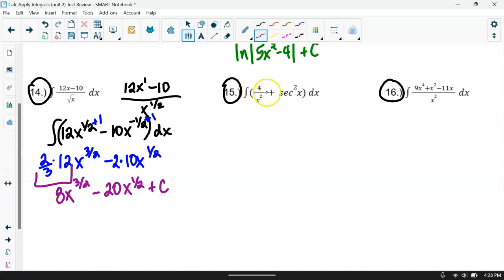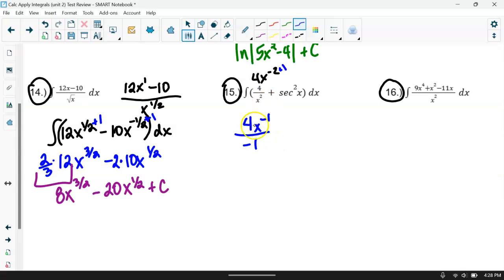Now here, if you need to, so that you rewrite this, remember this is the same as 4x to the negative 2. So when you find the integral, right, add 1, you end up with an exponent now of negative 1. So 4x to the negative 1, but don't forget, divide by negative 1. So I'm going to go ahead and rewrite this.